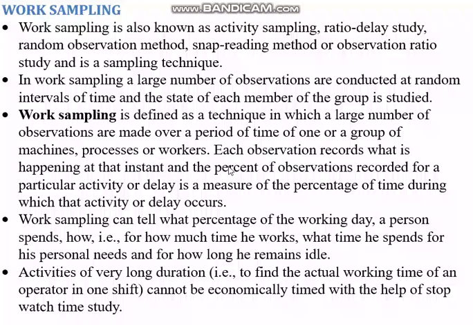workers, and each observation records what is happening at that instant, and the percentage of observations recorded for a particular activity or delay is a measure of the percentage of time during which that activity or delay occurs.